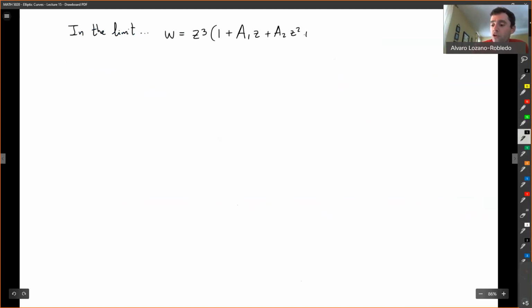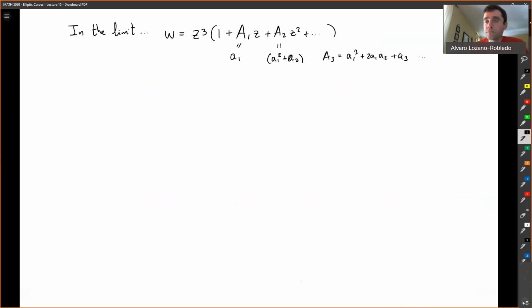I can tell you what those are. That one is just A1. Next is A1 squared plus A2. Then something like A1 cubed plus 2 A1 A2 plus A3, and etc.